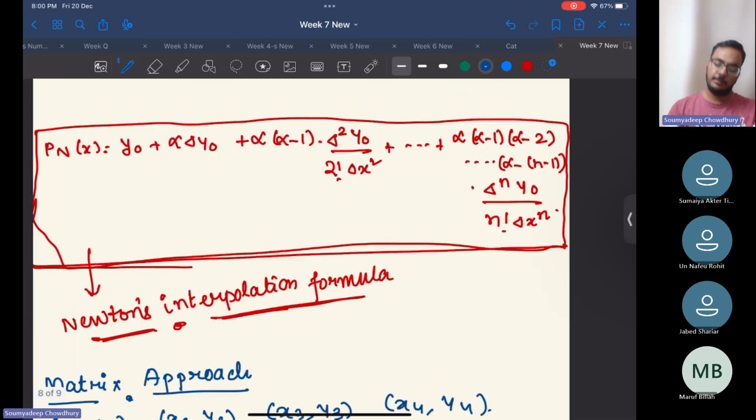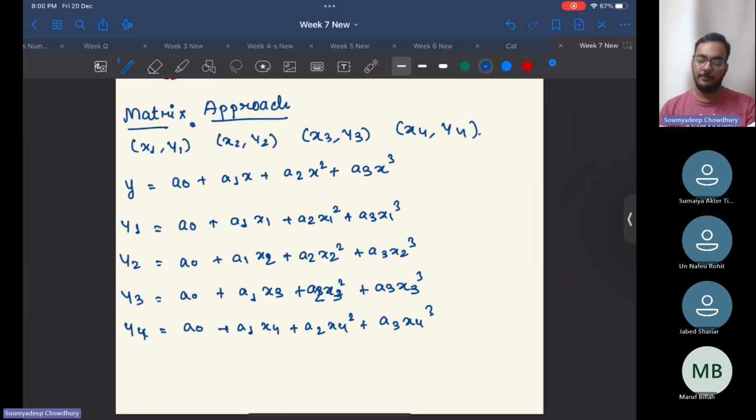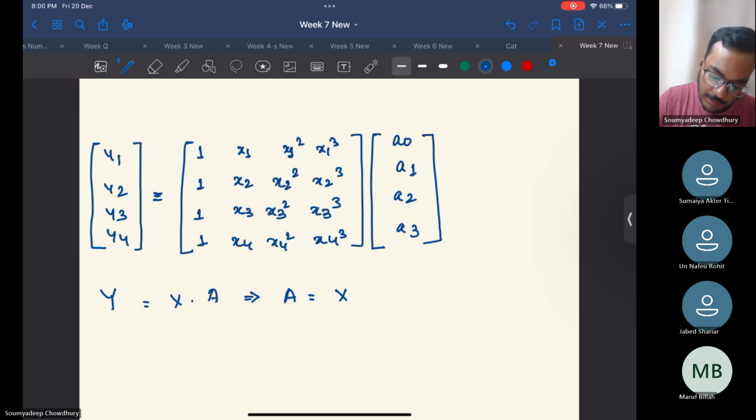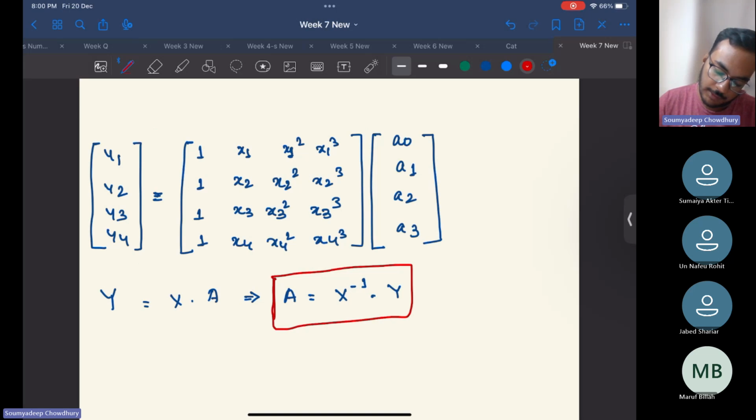So from these four equations I have formed this matrix. Here you know your Y matrix, this is your X matrix, this is your A matrix, and you need to find A. A is equal to X inverse into Y. Using this, you can find the coefficients of the interpolating polynomial.